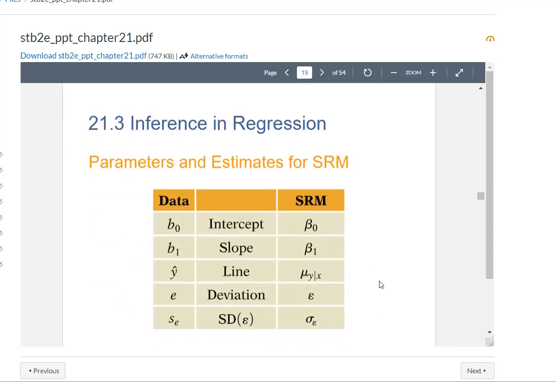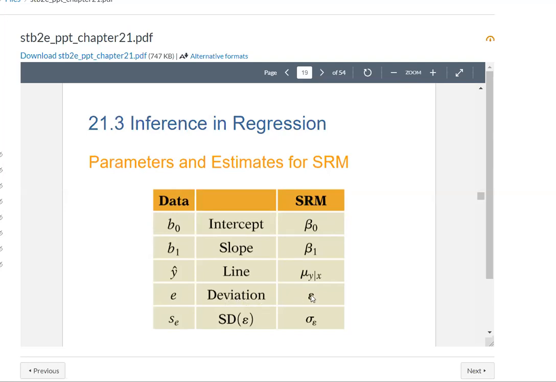There are different ways in an exam that you will see these signs. Intercept could be shown by beta 0 or B0. Slope, beta 1 or B1. The response variable or dependent variable with y hat or mu of y given x.